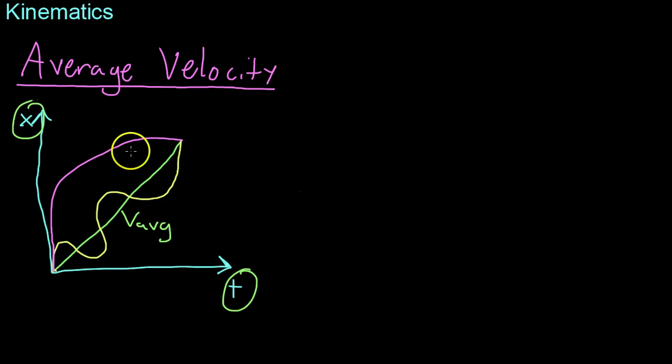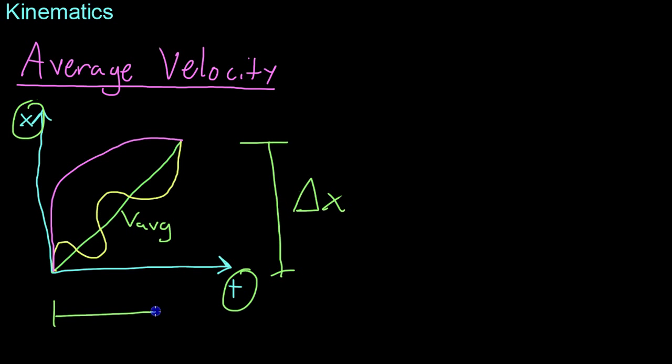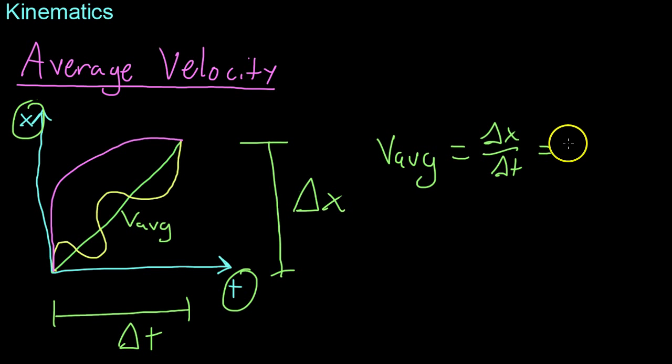Now it should be noted, because both travel this total displacement, delta x, in this total time, delta t, they have the same average velocity, because their delta x over delta t is the same regardless of the path you take. However, their instantaneous velocities, in other words their velocities at different points, will vary greatly.